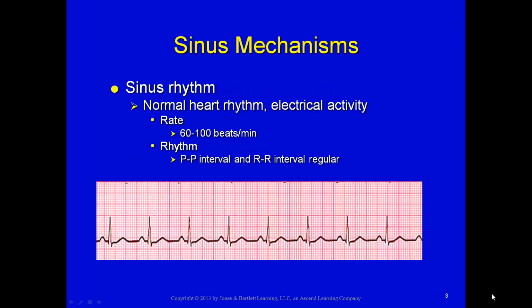In other words, the P to P and R to R intervals are nice and regular, as you see here. The PR interval is between 3 and 5 small squares, somewhere between 0.12 seconds and 0.20 seconds. And the QRS width is less than 3 small squares, or less than 0.12 seconds.